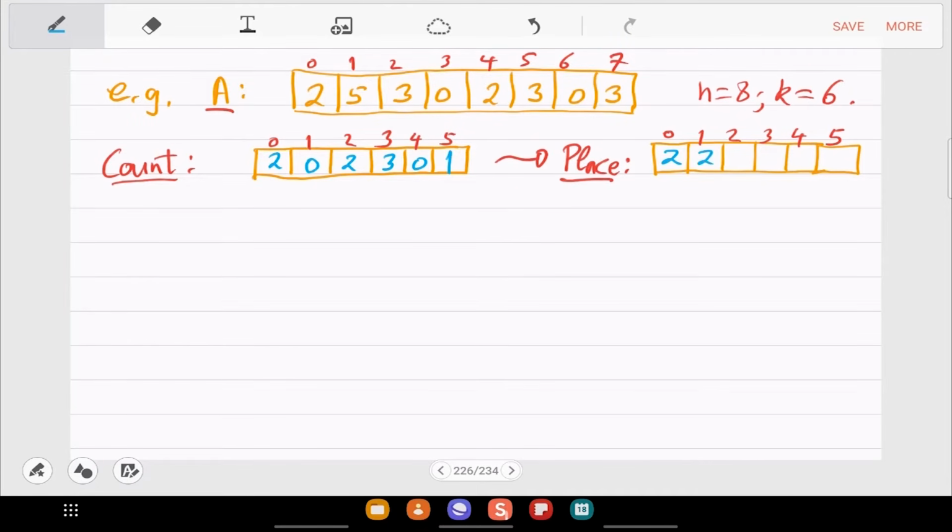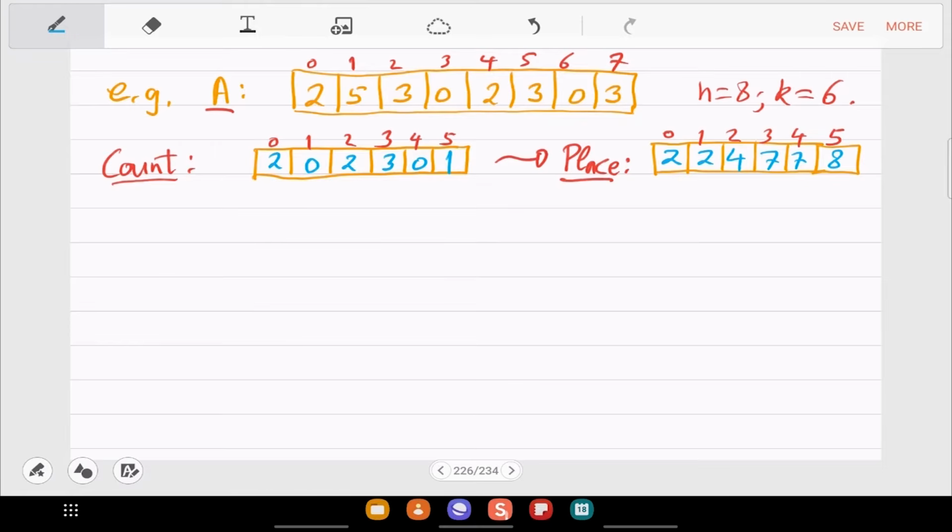Essentially we are just adding up the prefix numbers. So keep 2, then 2 plus 0 is 2, then 2 plus 0 plus 2 is 4. And then you get 7, then 7, and then 8. Place is just a single scan on count. Count was a single scan on A. So you compute count, and then place is a single scan on count. So you compute place.